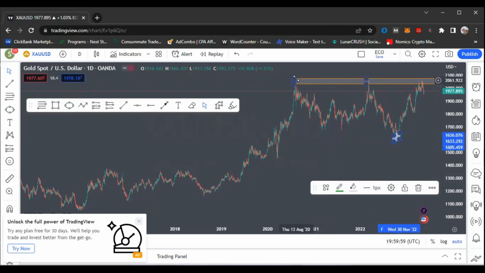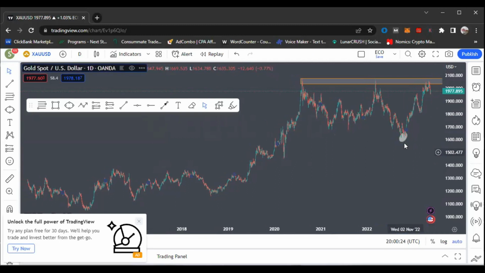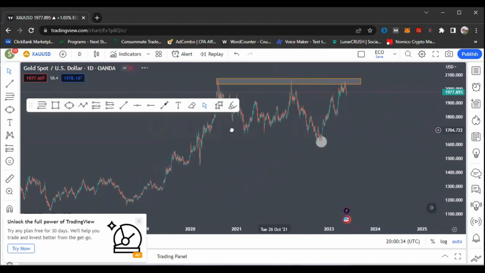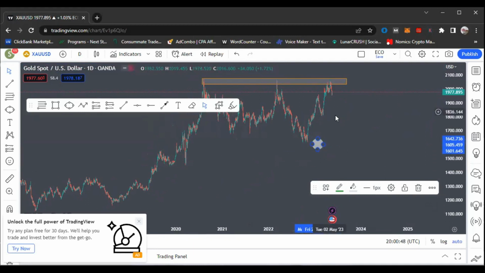Since we didn't break above this, it means this whole thing here is a one leg movement, and therefore we are going to have this as our new low. If this area is still not broken and price comes below this before going up to break that area, then we are going to move our low further down to wherever the market will take it.